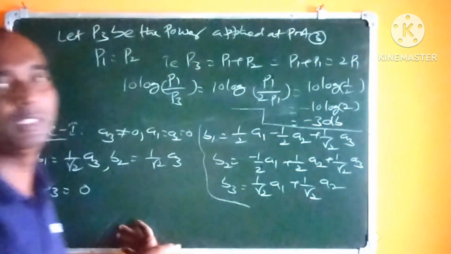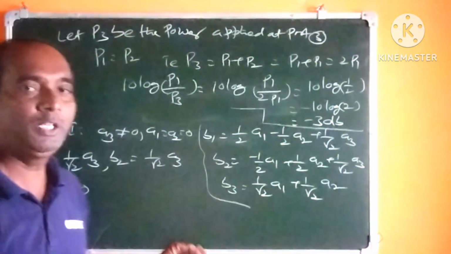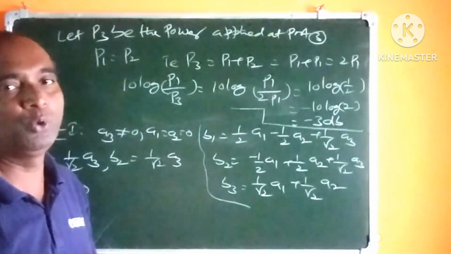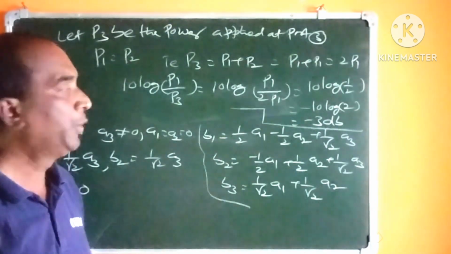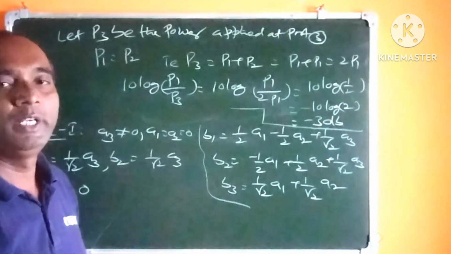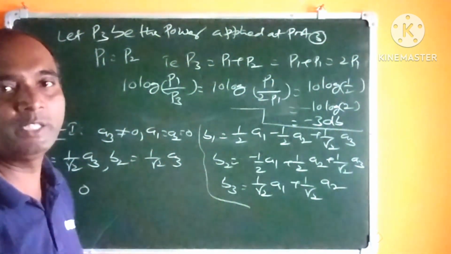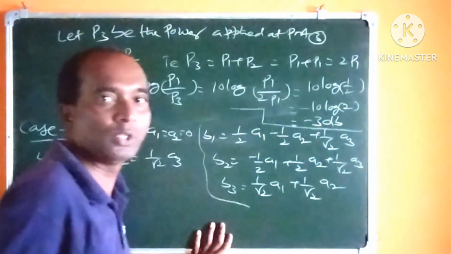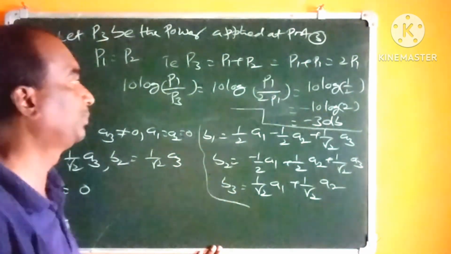So from this we can say that when the power is given at port 3, it equally splits between port 1 and port 2. Due to that reason, the H-plane T junction is also called a 3 dB splitter.